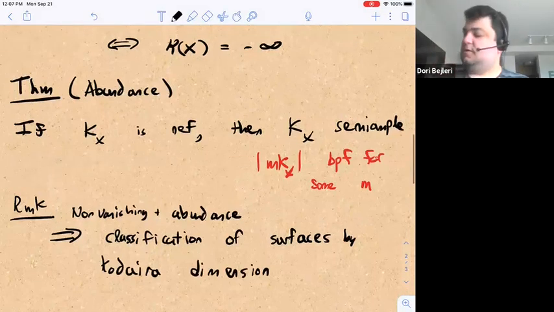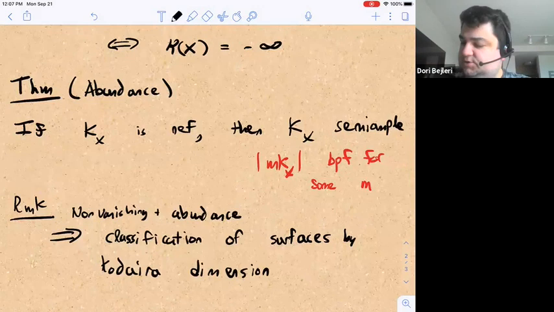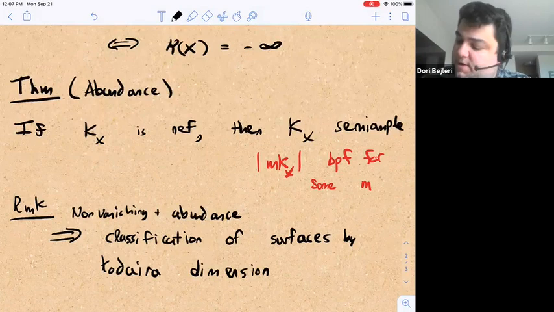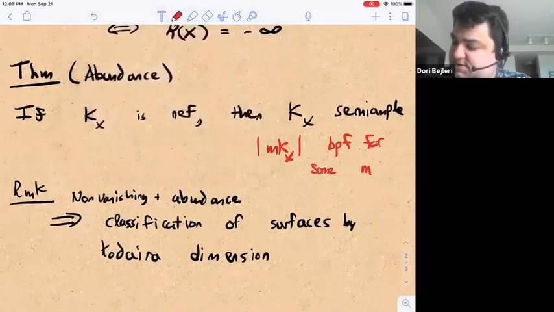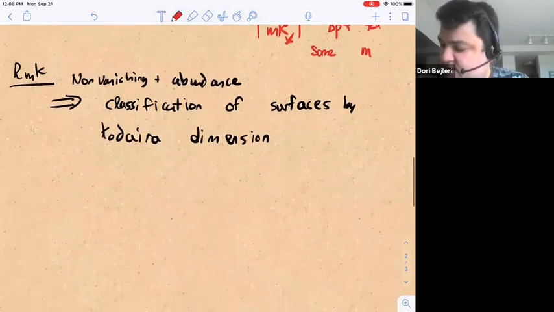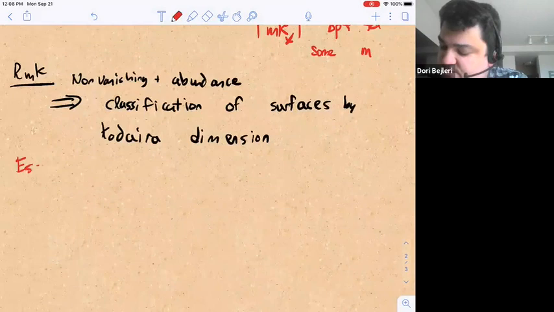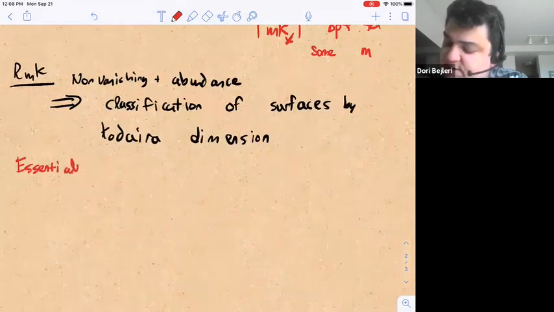Because once you know that K_X is semi-ample, then for each Kodaira dimension, you can try to study what this linear series looks like based on what the dimension of the image is. But the unfortunate state of affairs is that you essentially need to run through the classification of surfaces and do case-by-case work to actually prove these theorems.